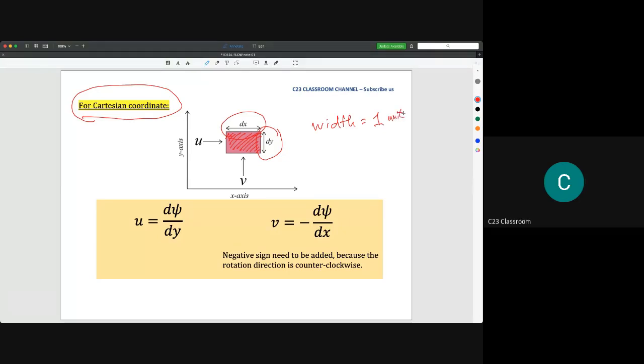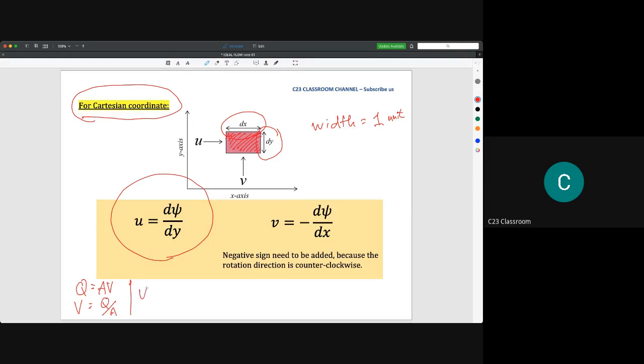So if we want to relate the stream function and the velocity, we could write it like this. We know that Q is equal to AV, and then we could write velocity is equal to Q over A. In this situation, volume flow rate is written with the psi symbol.